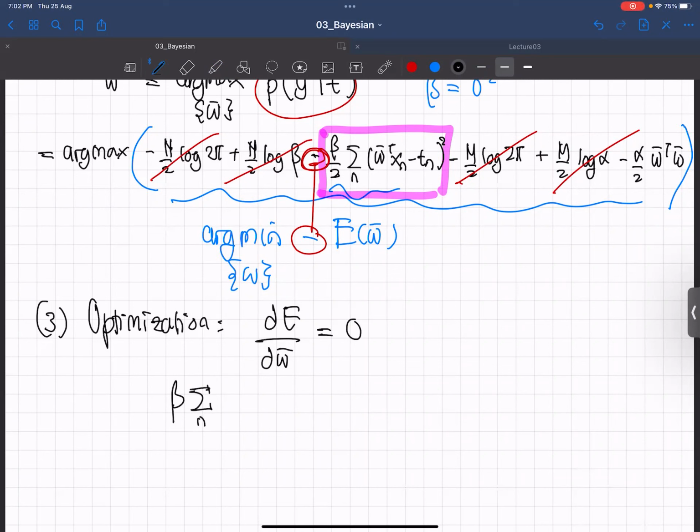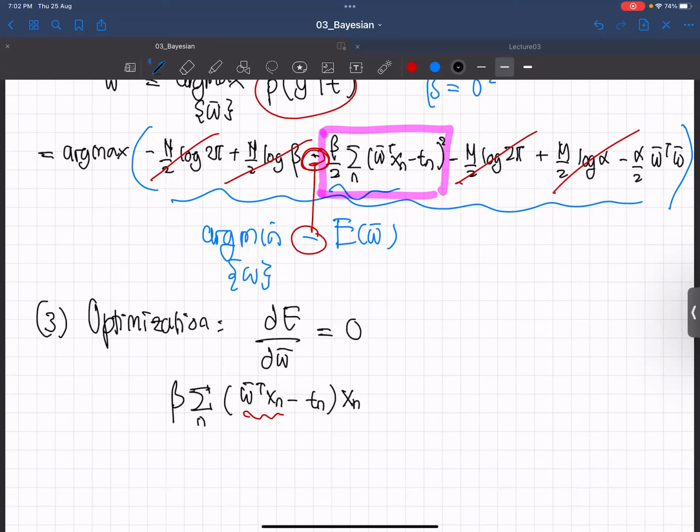And the function under the square will just be its own function, and then you have the derivative of something inside the bracket. Tn is constant, so you don't really care about Tn. And then what is the derivative of this term? It's xn, right? So that's it for the first term.